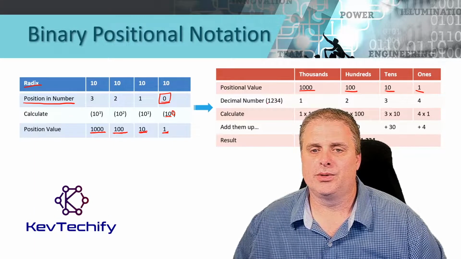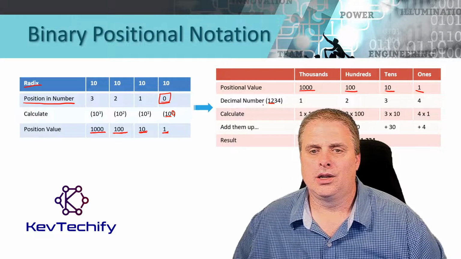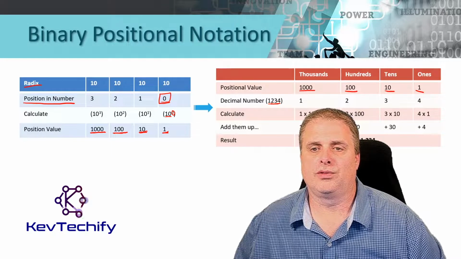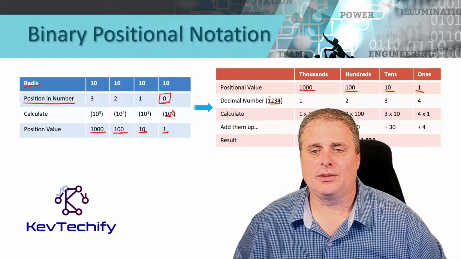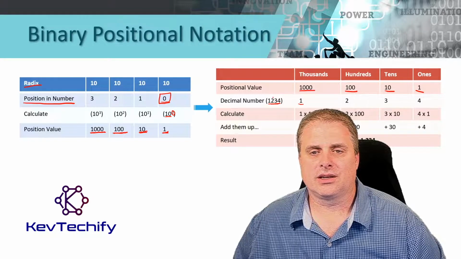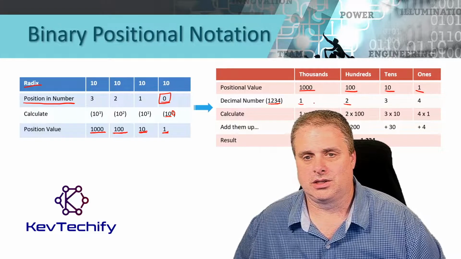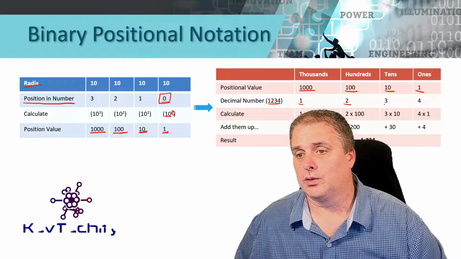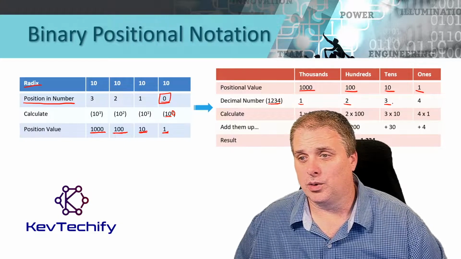This example uses the decimal number 1,234. So we take the value of the fourth column and put it right here. We take the value of the third column from the right, that's a 2. That goes in the hundreds. The value of the second column from the right is a 3. That goes over here. And the value of the column on the right, the ones column, goes over here.